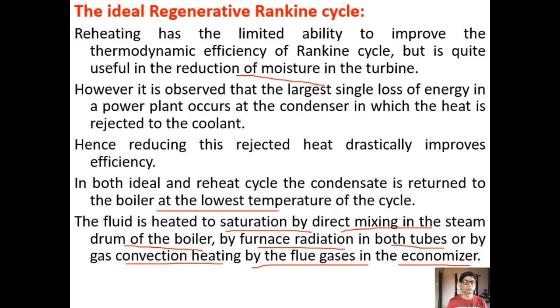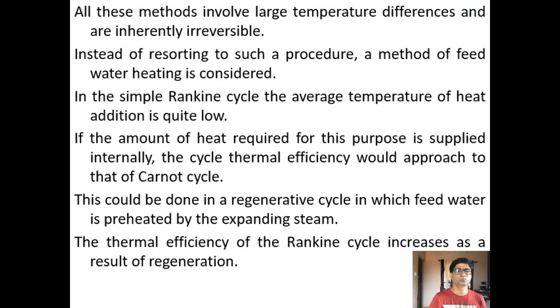So this is how the temperature of the water, which is at a very low temperature when it enters the boiler, is increased to the saturation level, either by mixing with the steam, or by passing the water in the tubes with the help of furnace radiation, or by gas convection heating by the flue gases in the economizer. Now all these methods involve large temperature differences and are inherently irreversible.